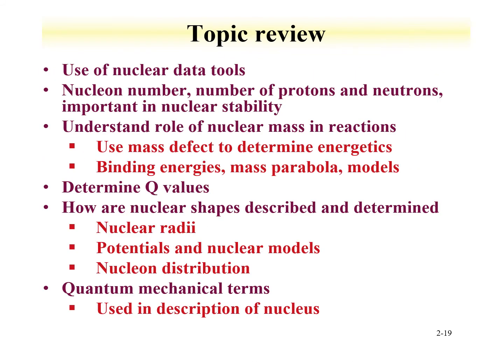In the lecture on nuclear properties, we explored the use of nuclear data tools and provided examples on how they can be utilized. We discussed nucleon number, particularly the number of protons and neutrons in a nucleus, and how that relates to nuclear stability. We explored the role of nuclear mass in reactions, and we talked about the mass defect to determine energetics.